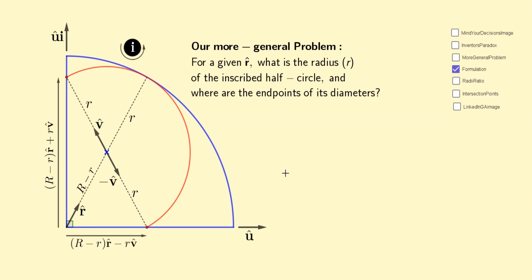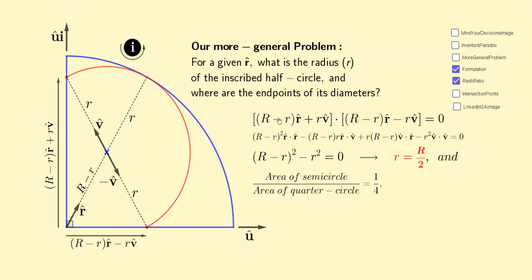So how do we solve this? Well, the main thing we're going to notice here is that these two sides, and therefore these two vectors, are perpendicular. So if we take the inner product of these two vectors, the inner product will be equal to 0.